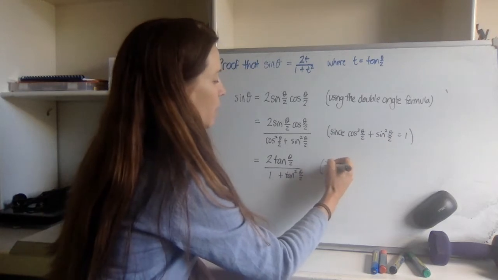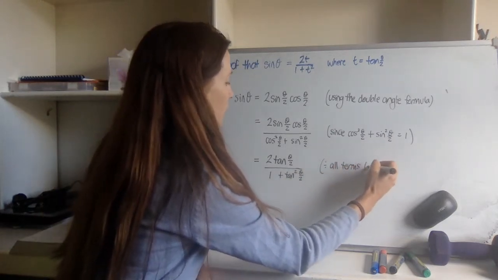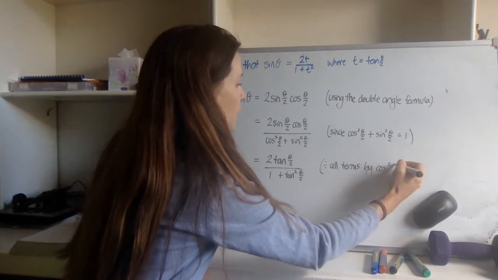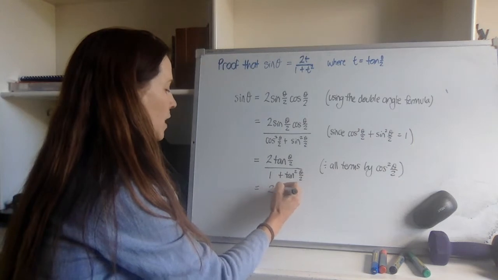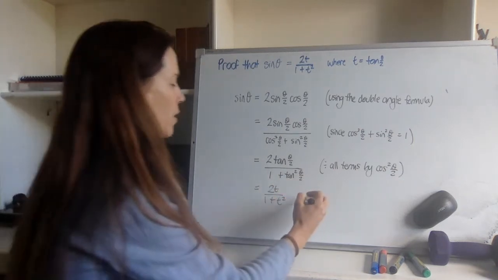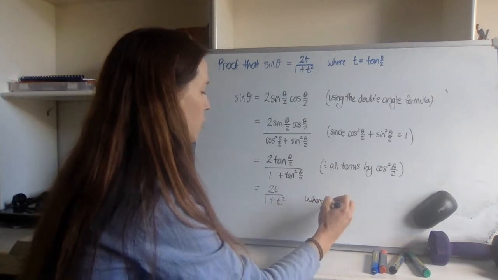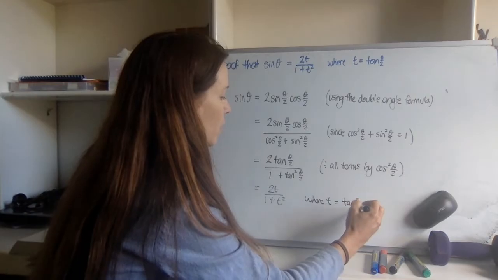So writing what I've done here, divide all terms by cos squared theta on 2. And now I'm there. I've got 2t over 1 plus t squared, because I know that, and I should have written this on the last one, where t equals tan of theta on 2.